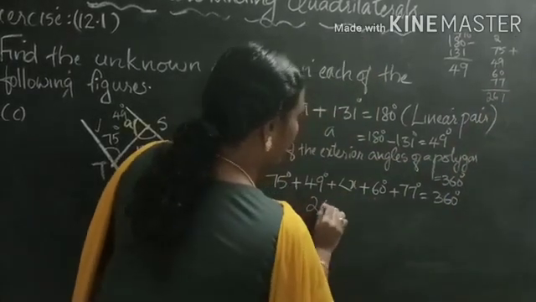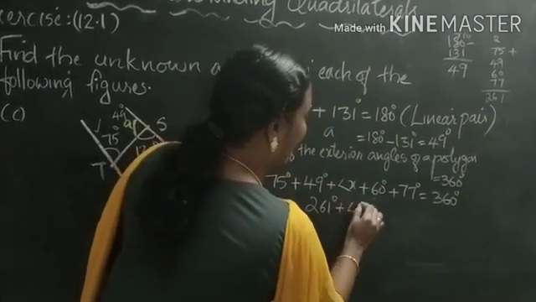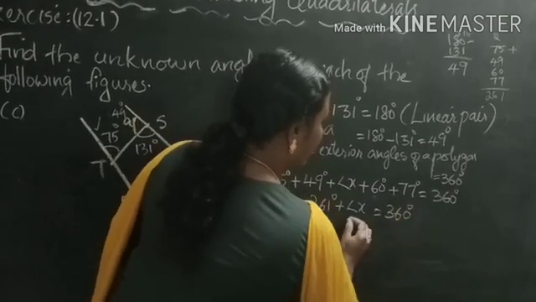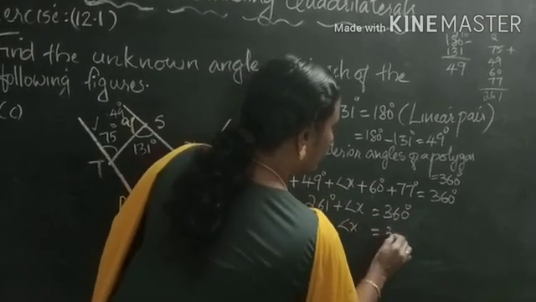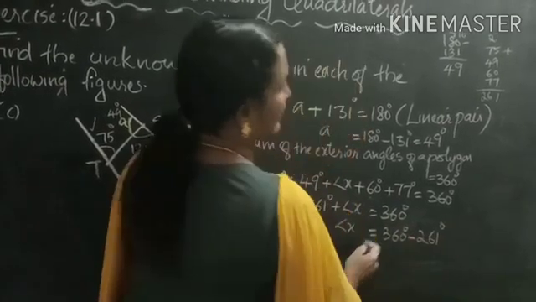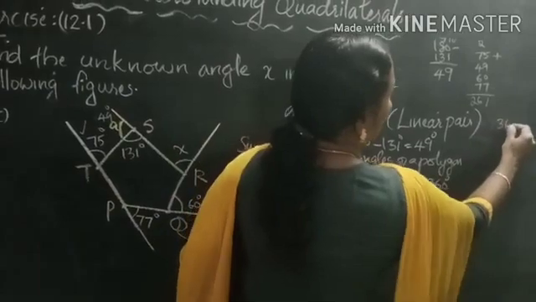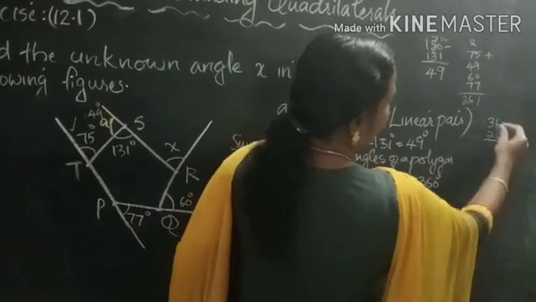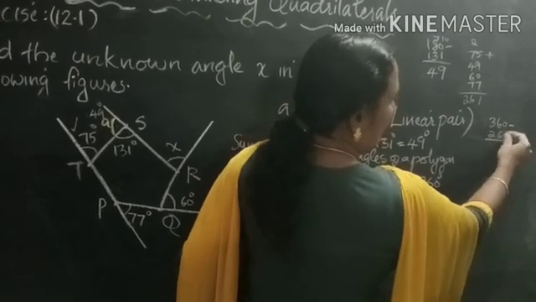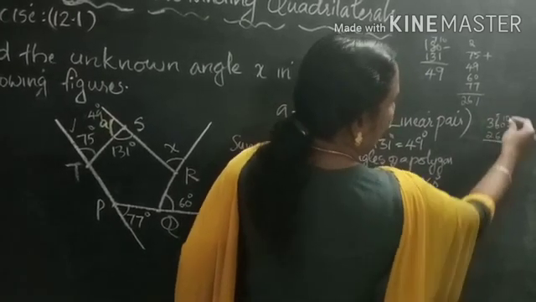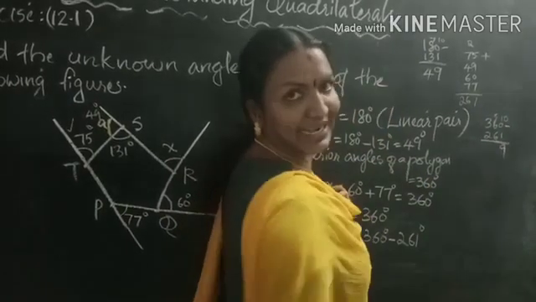So 261 degree plus angle X is equal to 360 degree. So angle X is equal to 360 degree minus 261 degree. 0 minus 1 is not possible, so we take 10 minus 1, 9.